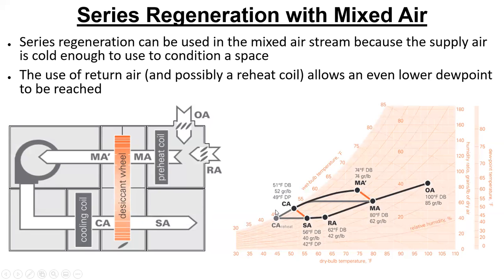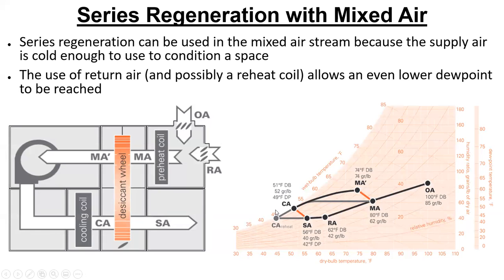This is showing, in a typical building, you might have 20 or 30% outside air and the rest is return air. You mix them together, and then that's what you have to work on. This might be a situation where it's really humid, or maybe you had 30 or 40% outside air.